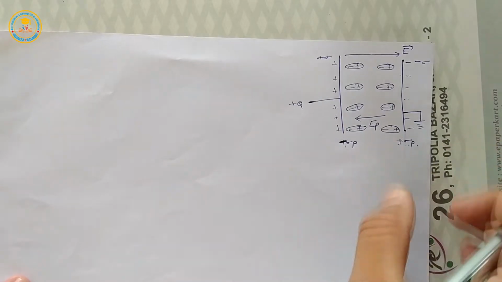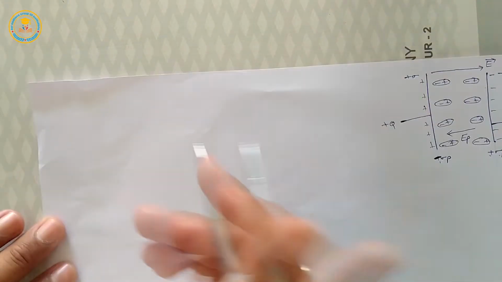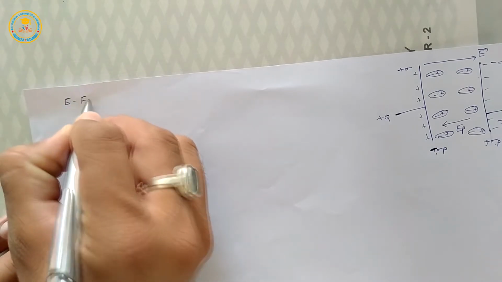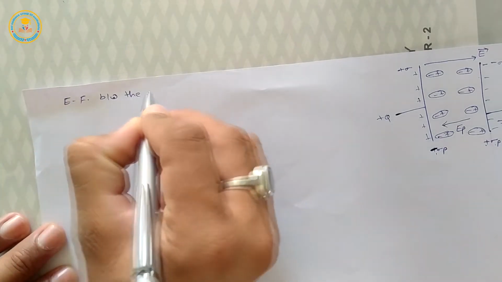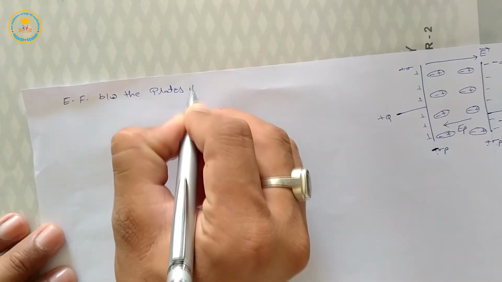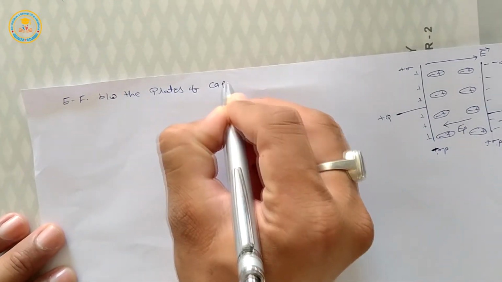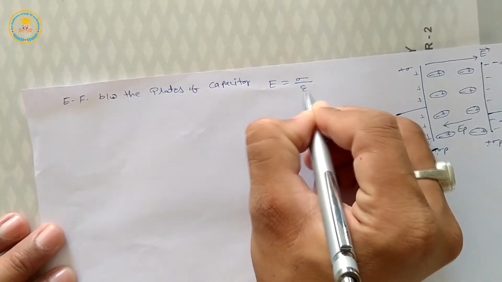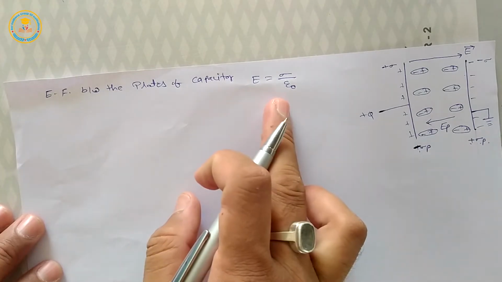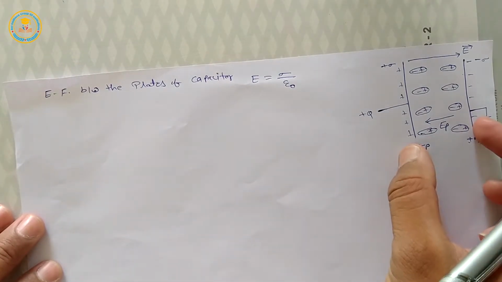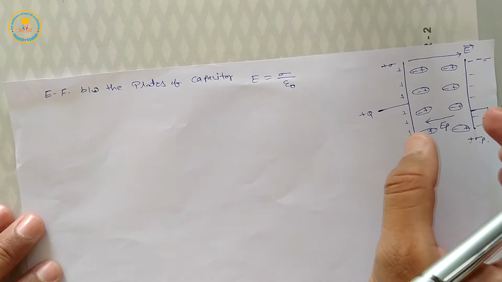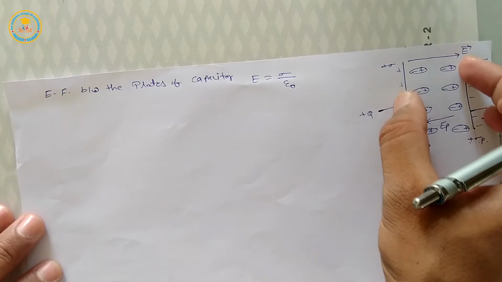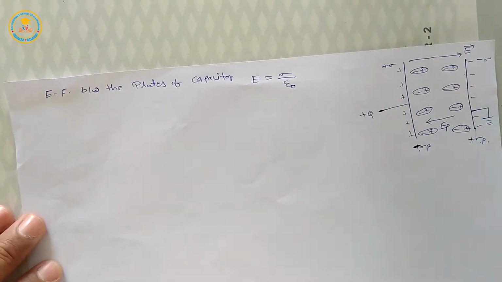Now the original electric field between the plates of the capacitor is E is equal to sigma upon epsilon naught. Here we assume a vacuum medium filled between the plates.